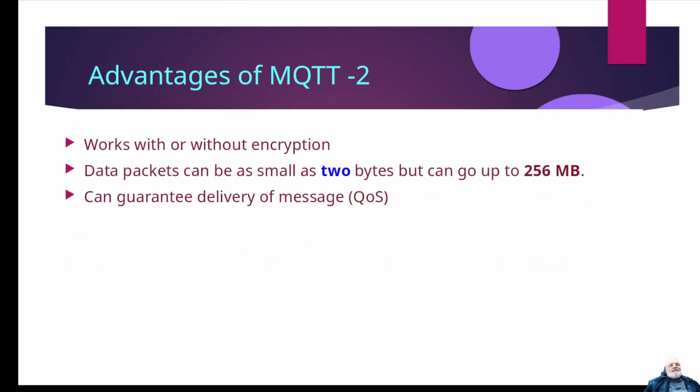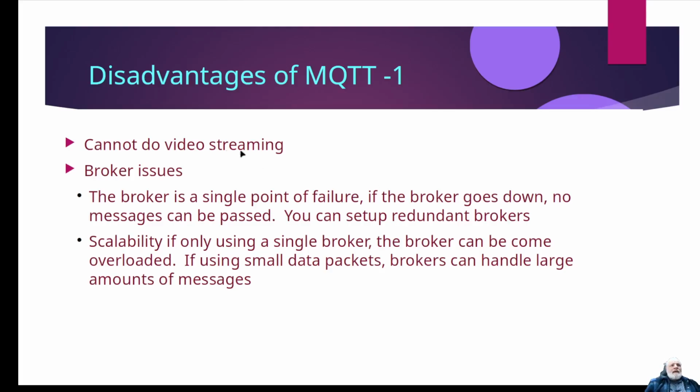Okay, as mentioned before, it can work with or without encryption, and you can send as little as 2 bytes of information or a maximum of about 256 in one transmission. Okay, so some disadvantages: again, we're not sending tons of data, so you can't do video streaming or anything like that. That's not what it's designed for.